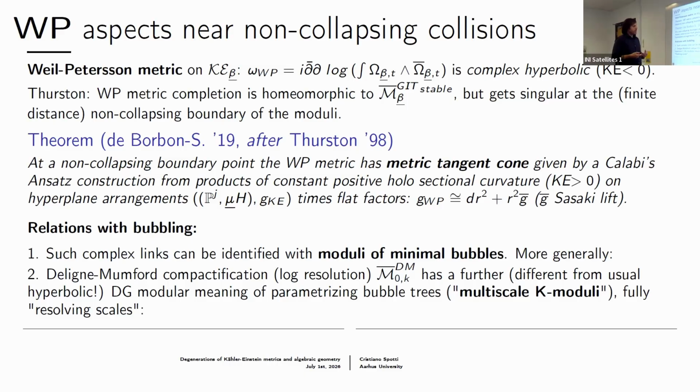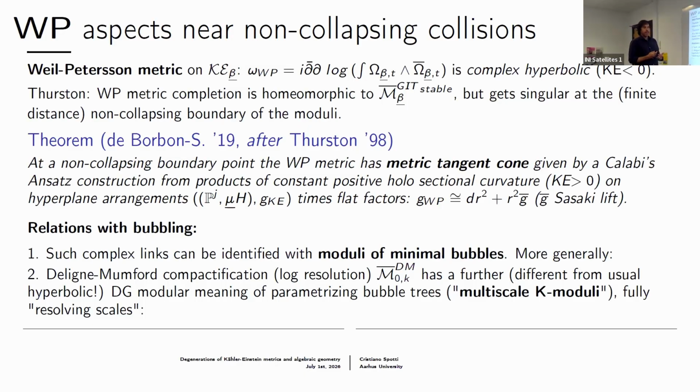And actually this can be described as some cone over a certain space of hyperplane arrangements, braid hyperplane arrangements in the projective space. So somehow the infinitesimal geometry at infinity has this space of hyperplane arrangements as complex link of this.